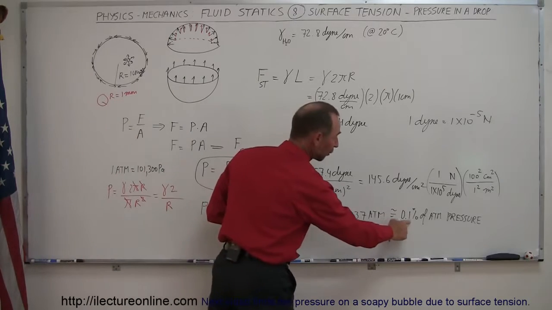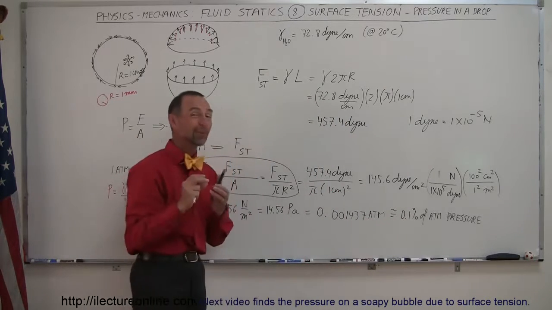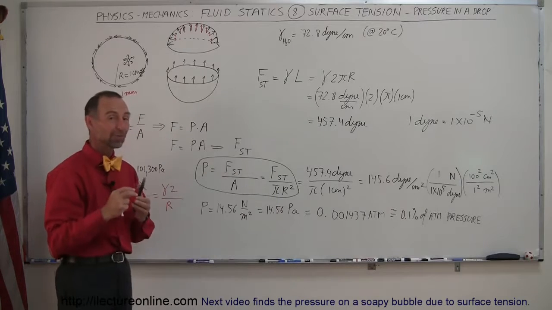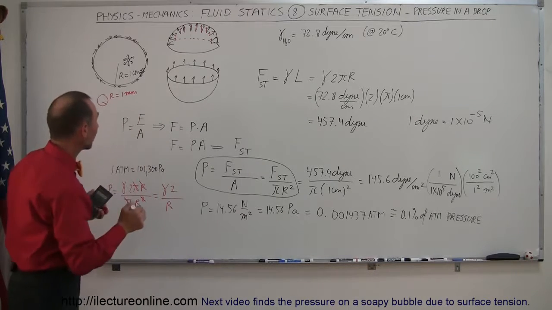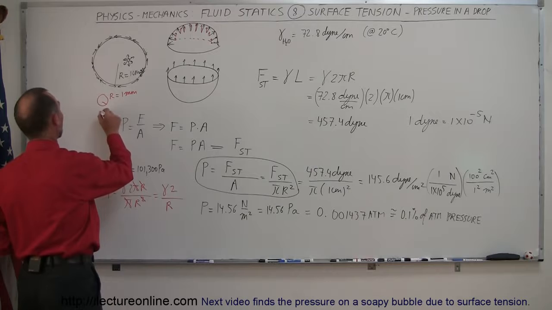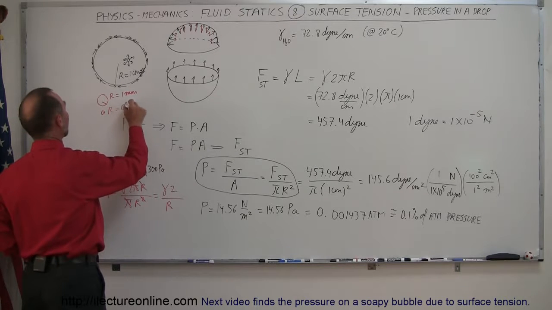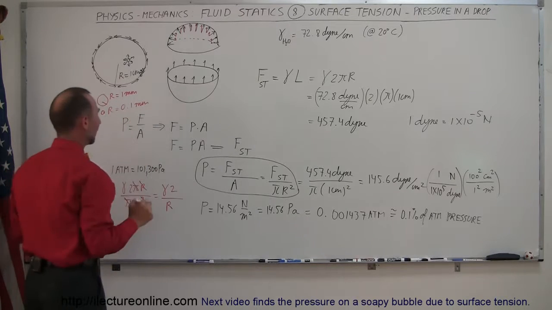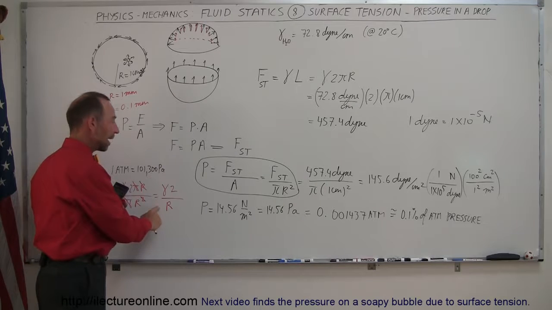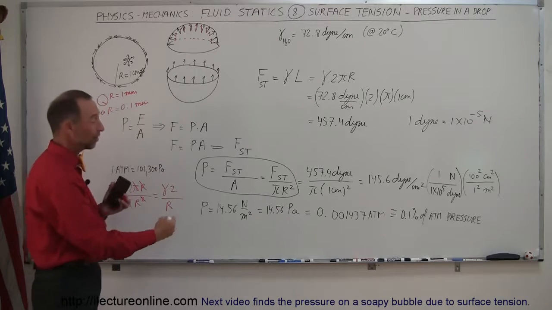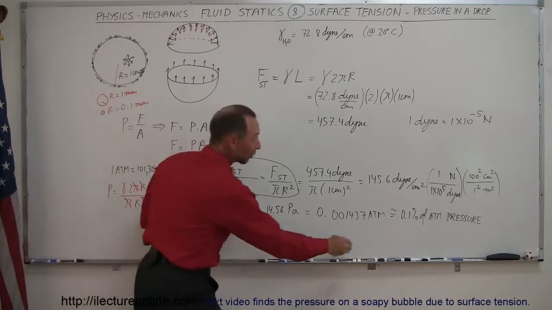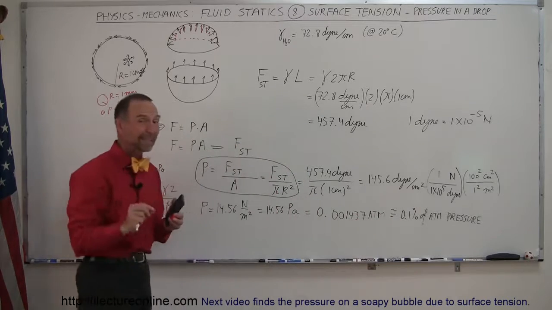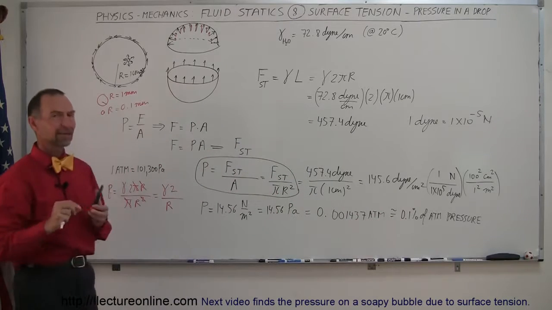So instead of being 0.1% of atmospheric pressure, now the pressure of a water drop would be 1% of atmospheric pressure. If I now make an even smaller drop, where the radius is equal to 0.1 millimeter, then of course it would be 100 times as much pressure. So now the pressure inside that little drop would be 10% of atmospheric pressure.